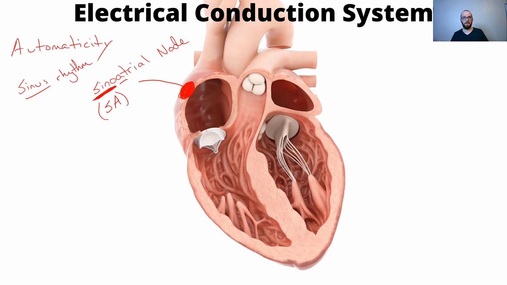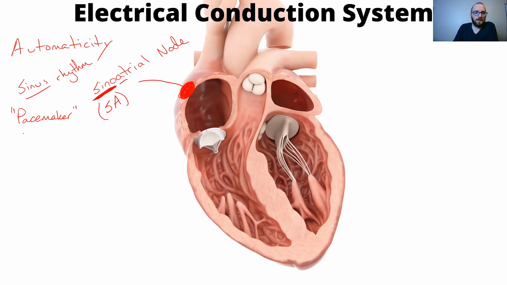But when everything's fine, it starts up in that sinoatrial node, the SA node. And that's why we say the SA node is the primary pacemaker of the heart. That spot that's firing first for us is driving that electrical impulse.